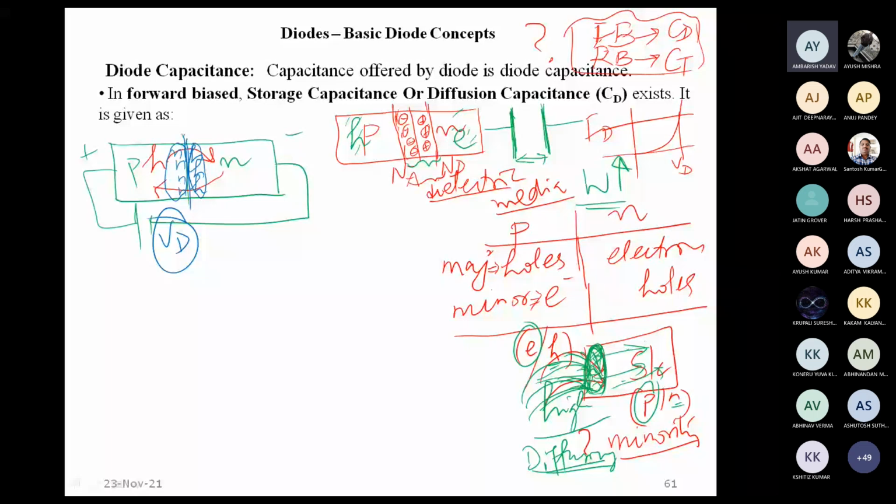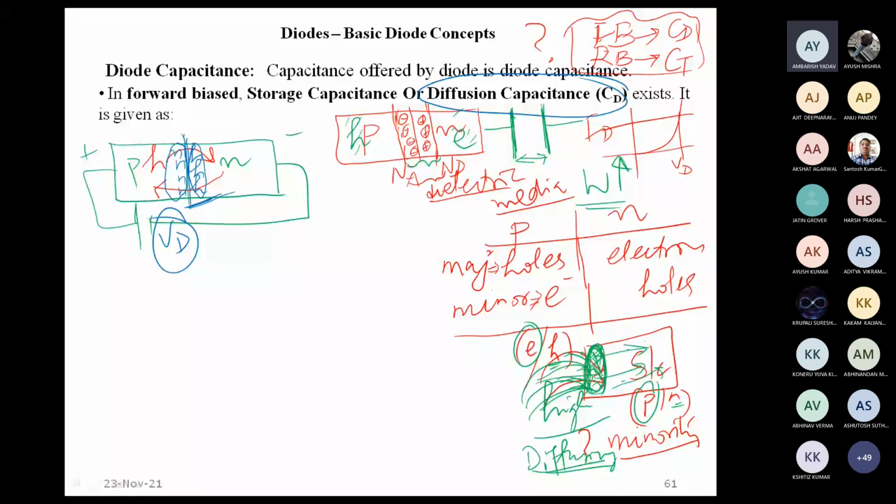The corresponding value of capacitance is very large, because the carriers injected are in large number, and the resulting capacitance is called diffusion capacitance, denoted CD.